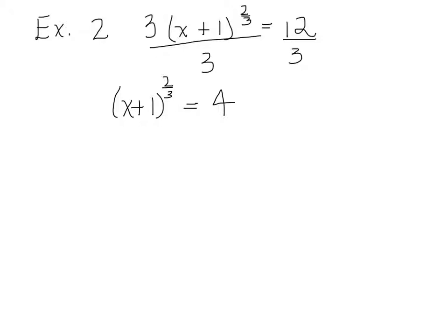And then to get rid of a rational exponent, you want to raise it to the reciprocal. So the reciprocal of 2 over 3 is 3 over 2. And then you have to do this side the same way. That way, those cancel.